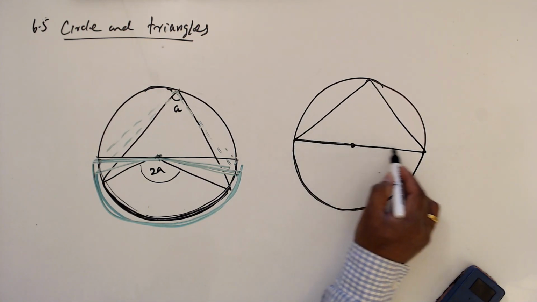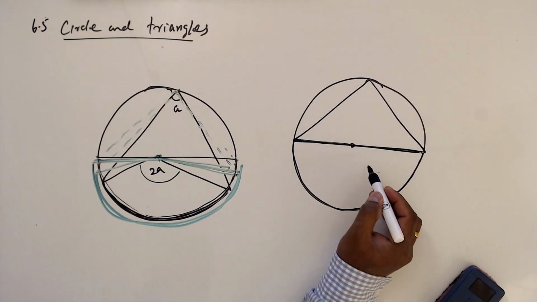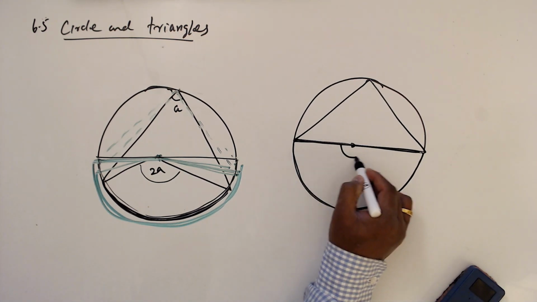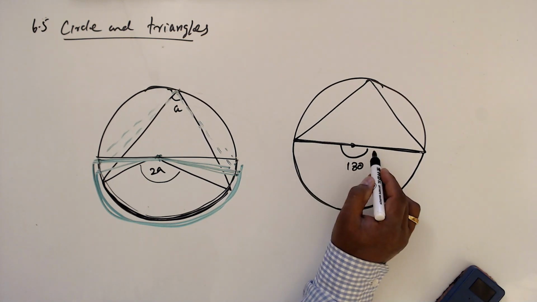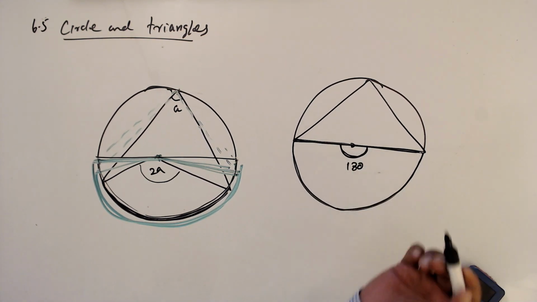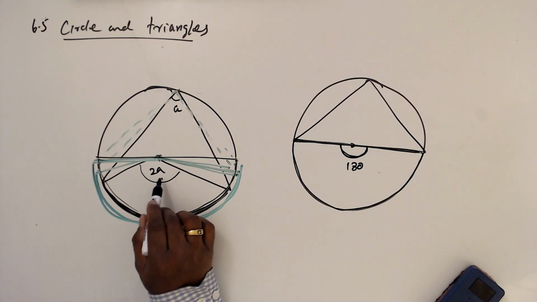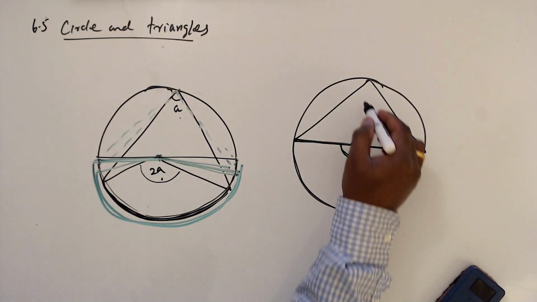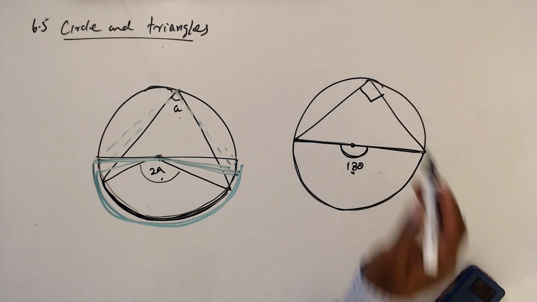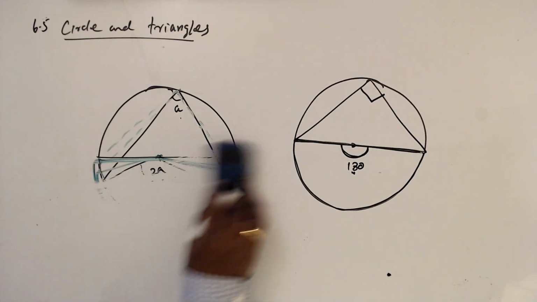Then these two radii in one line become a diameter. Then we know this is going to be 180 because angles in a line add up to 180. Then if this is 2A, this has to be half of it. If this is 180, this has to be 90 degrees. So this is the idea behind it.